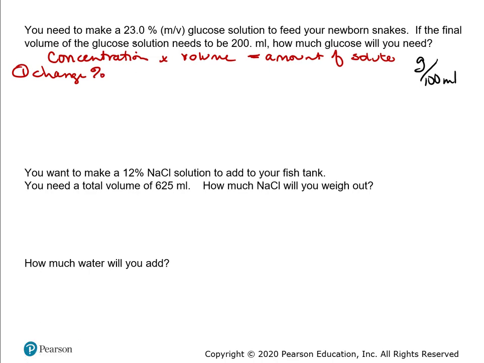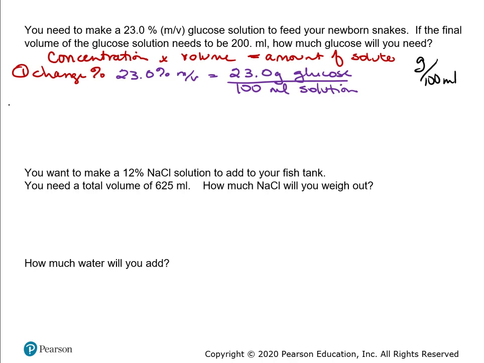So 23.0%, if it's mass to volume, is going to be equal to 23.0 grams of glucose, whatever the solute is, per 100 milliliters of solution. So that's what percent means. Change it back to its units, because then you can multiply and cancel units out.